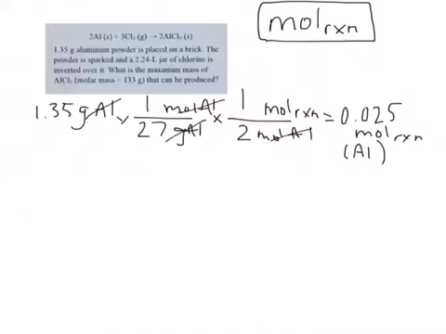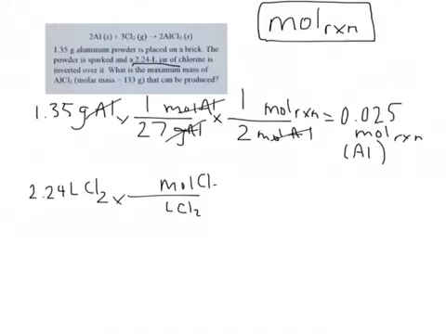Then we do the same thing for chlorine. So we have our 2.24 liters, start there. And as always, change to moles. For gases, 1 mole is 22.4 liters at standard temperature and pressure. And now we can do our mole reaction again.